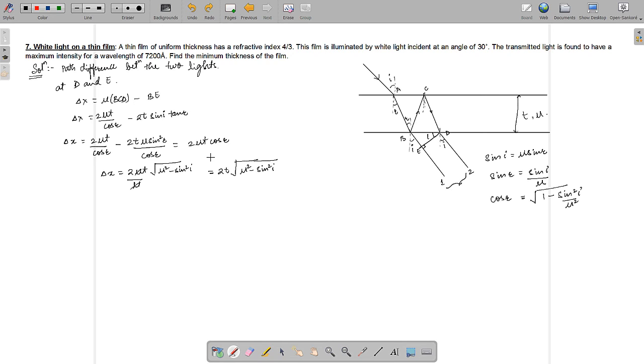We can find out that for maximum intensity, delta x should be equal to n lambda.